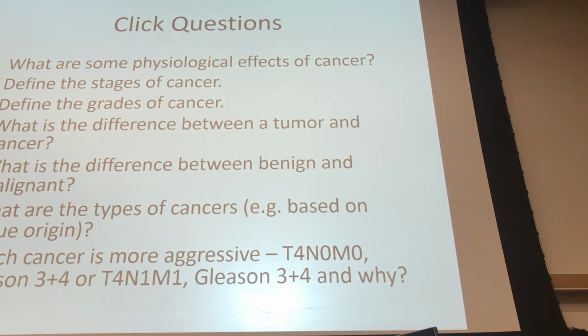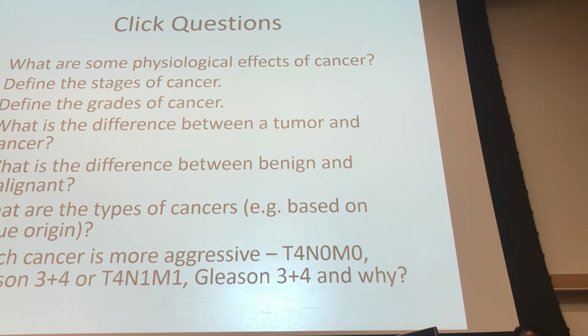Yes. Okay, grades of cancer? Can you define the grades of cancer? Sure, the grades of cancer are going to be G1, G2, G3, and G4. G1 would be well differentiated, meaning you still have structure.